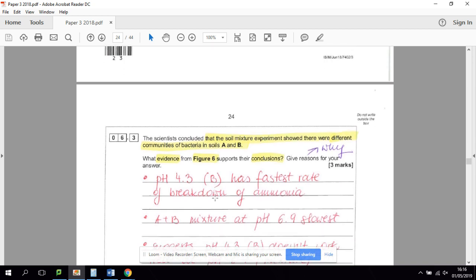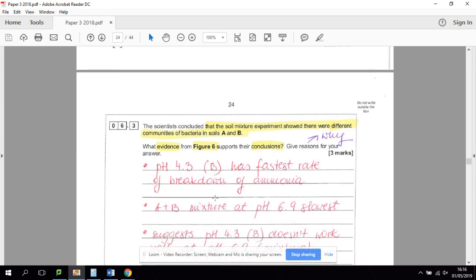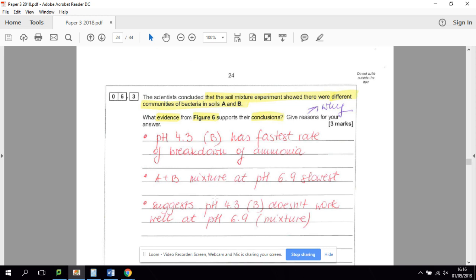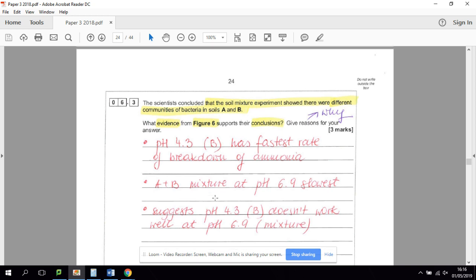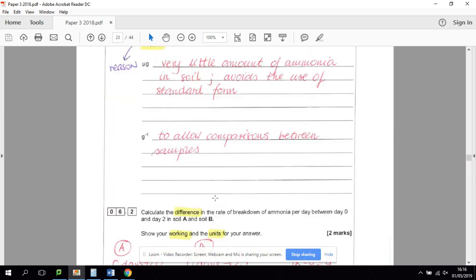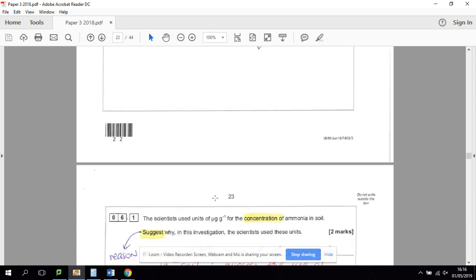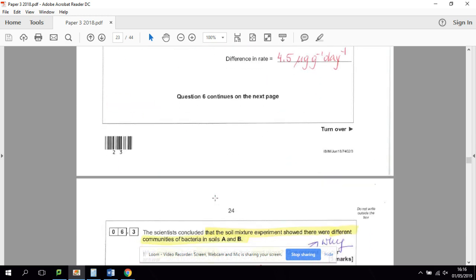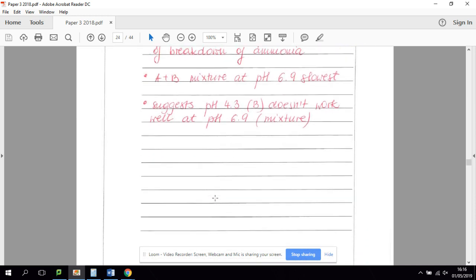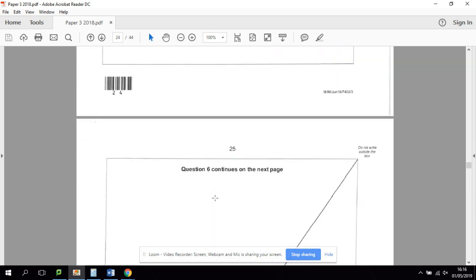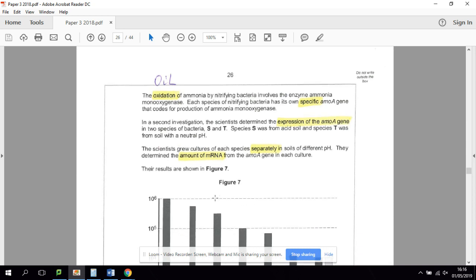Next, A and B, it's the slowest, we can see, and 4.3 doesn't work well at pH 6.9, so the mixture. So this is nothing else than just looking at this and providing the reason for that conclusion that they stated. Right, so that's everything they wanted from you, and we're almost there.